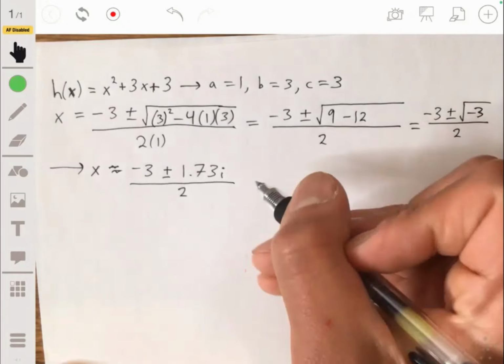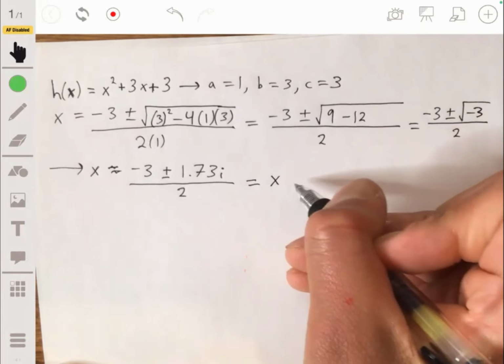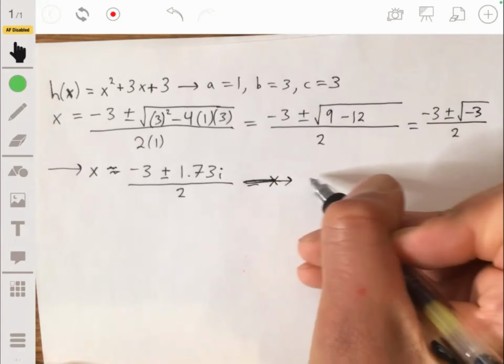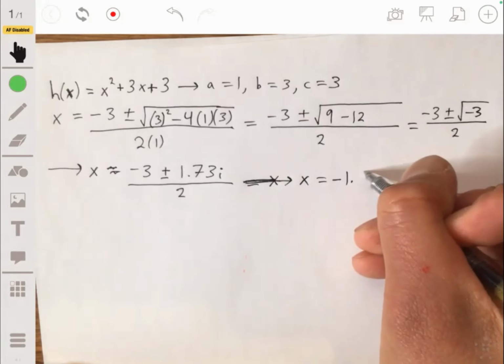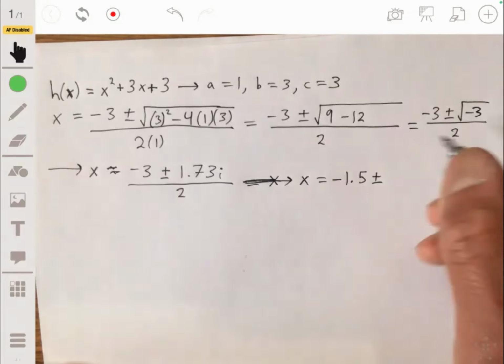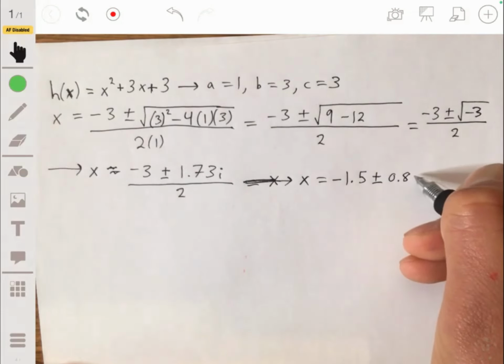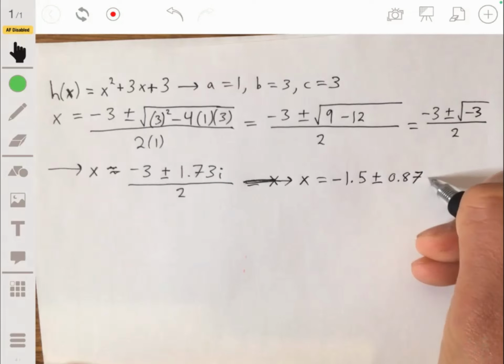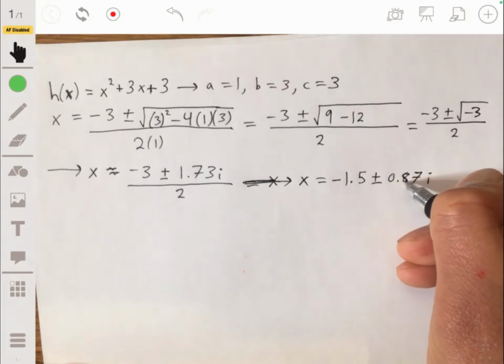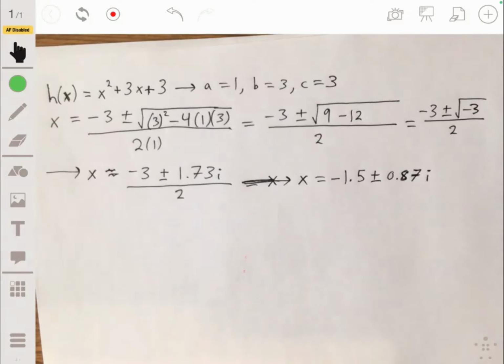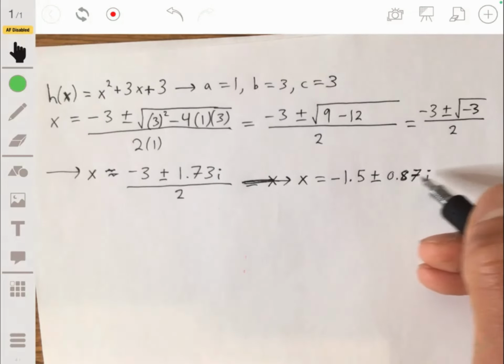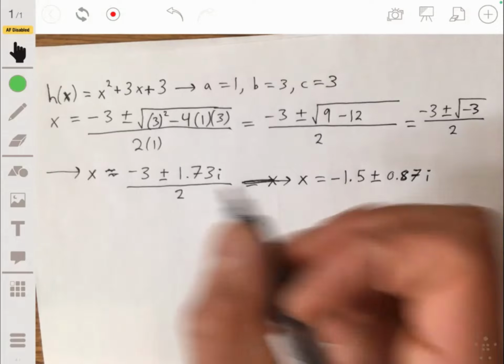Dividing both of these by 2, we'll get x is negative 1.5 plus or minus 0.87-ish. Then one answer where you add this and the other where you subtract.